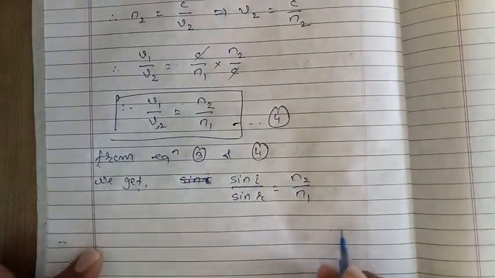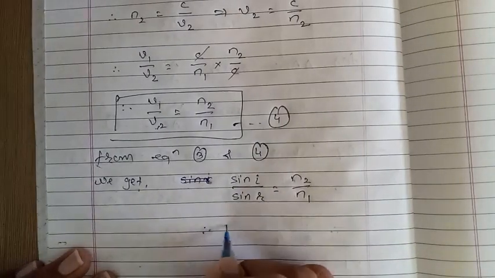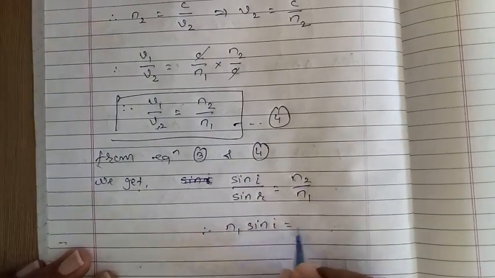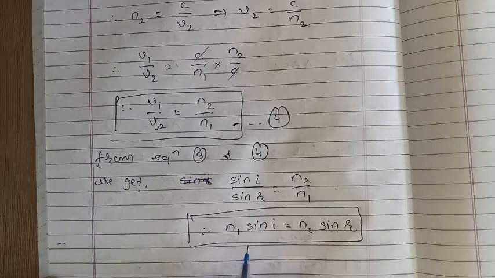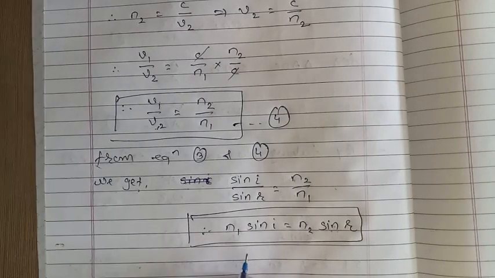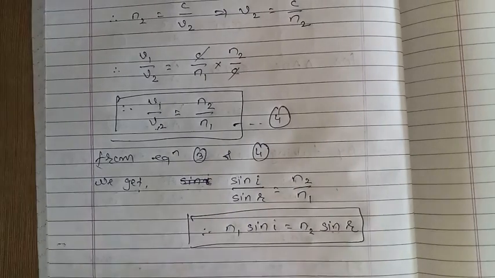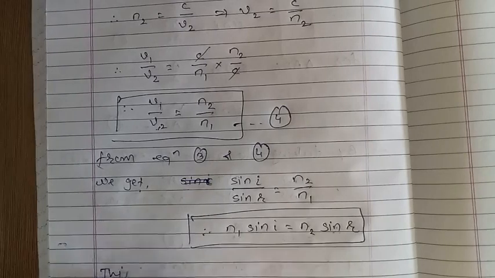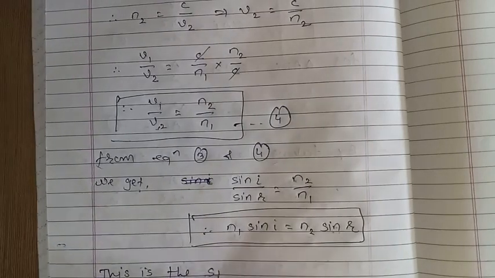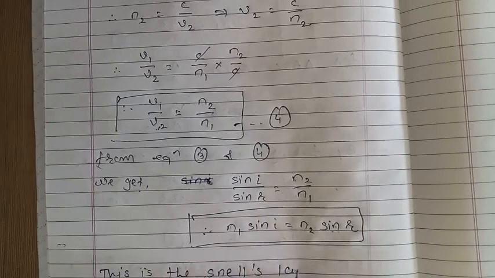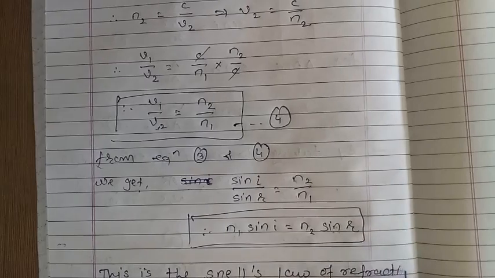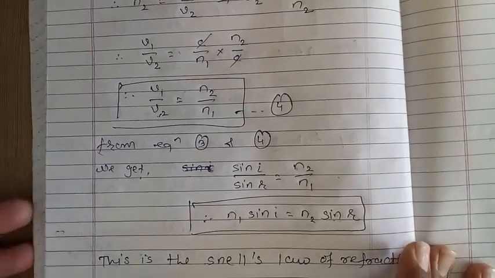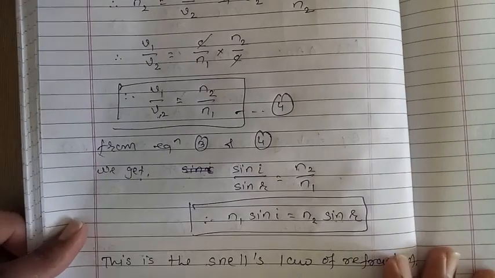By cross multiplication, n1 sin I is equal to n2 sin R. This is Snell's law of refraction: n1 sin theta 1 is equal to n2 sin theta 2.